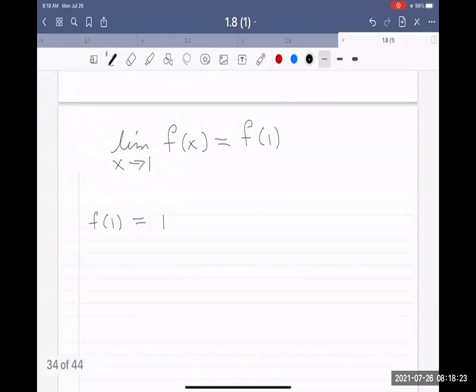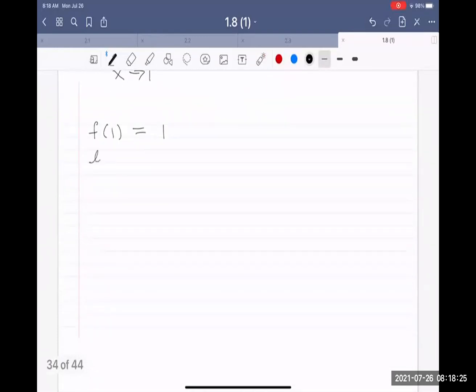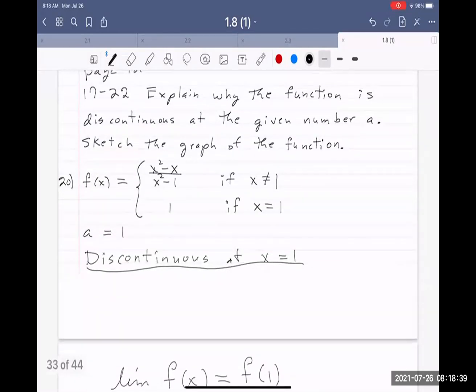Okay, now I want to determine the limit as x approaches 1 of f of x. So let's try to determine this limit. Well, when x is near 1, but not necessarily equal to 1, I have that y is equal to x squared minus x divided by x squared minus 1.